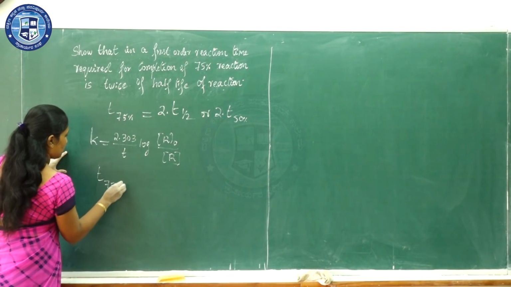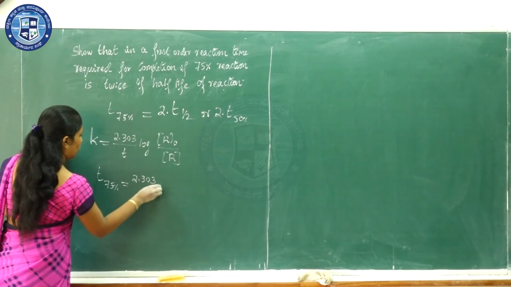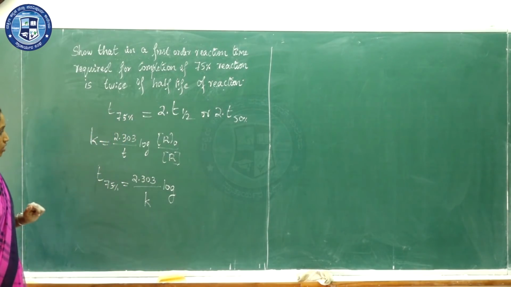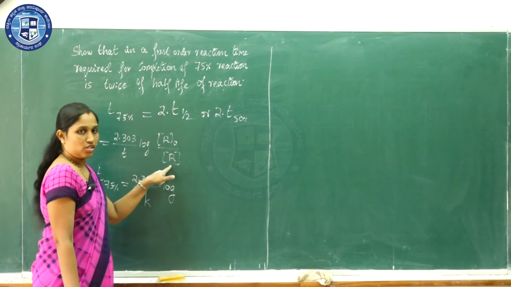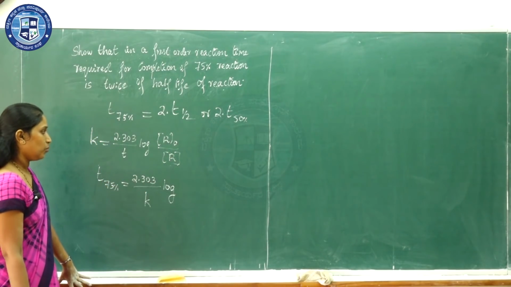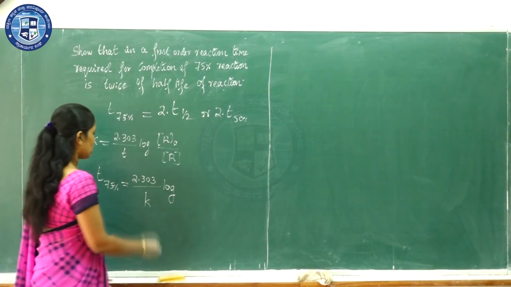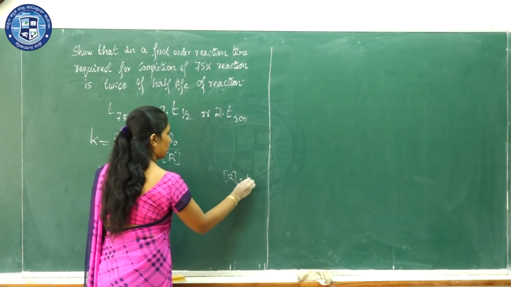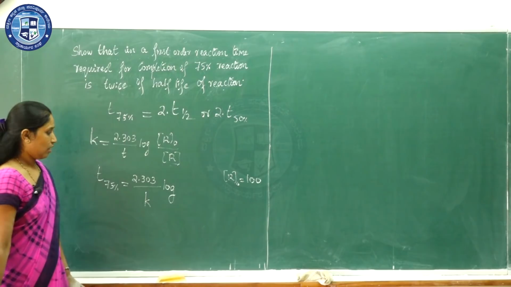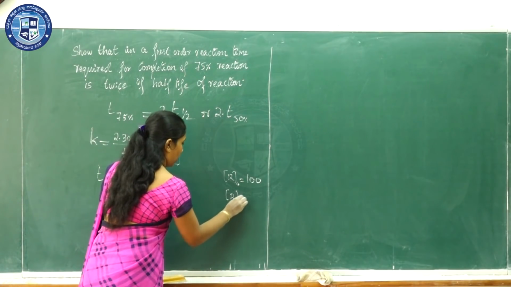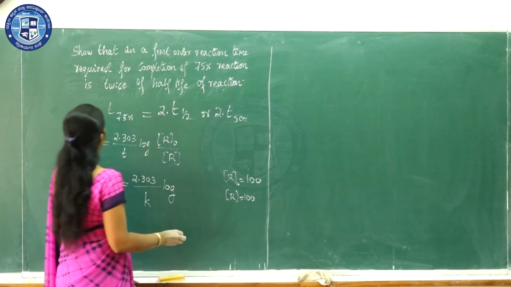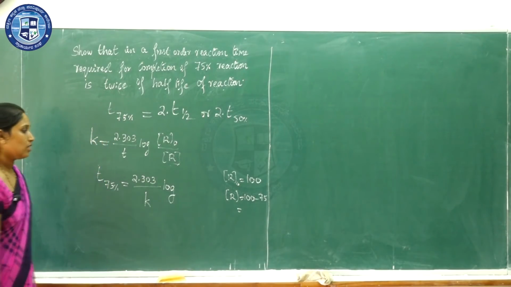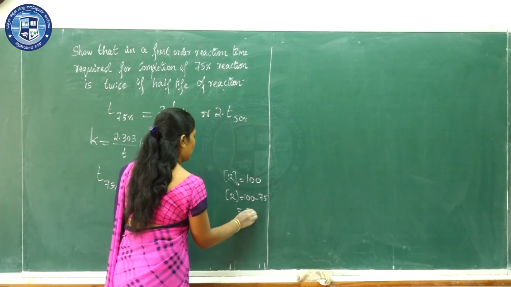T 75% is equal to 2.303 divided by K log of R naught by R, where R naught is the initial concentration and R is the concentration at time T. For T 75, R naught is 100 and R is 100 minus 75, since 75% of the reaction is complete, that is 25.